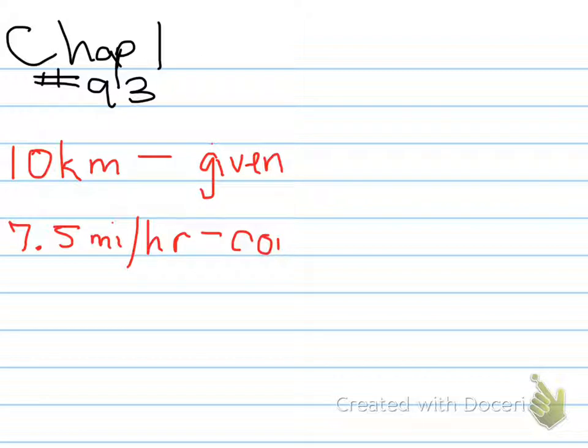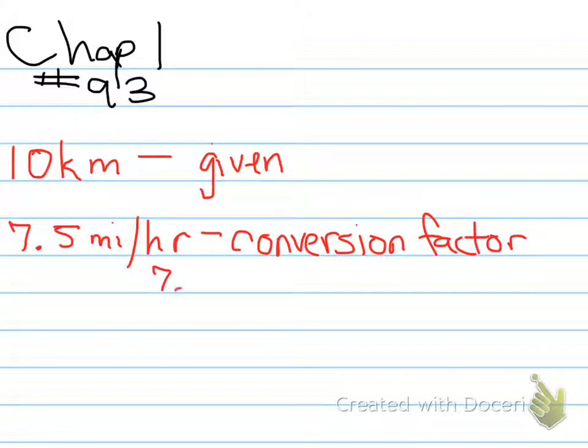So this is a conversion factor. So it means that 7.5 miles for her is equal to 1 hour. So if she said, I ran for 1 hour, we would know that she ran 7.5 miles.